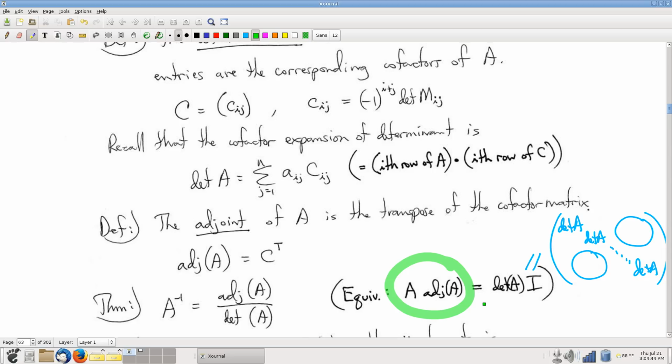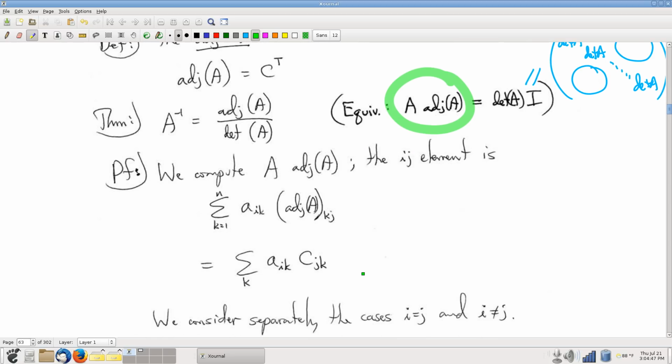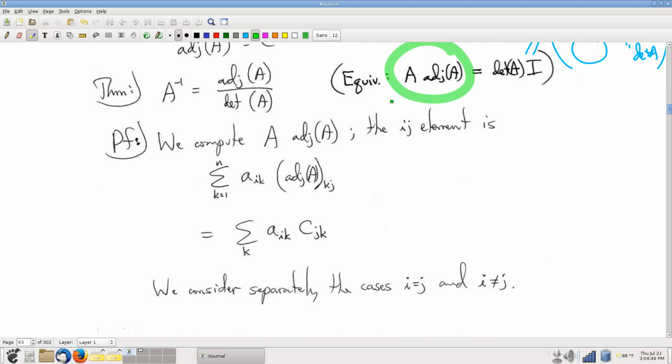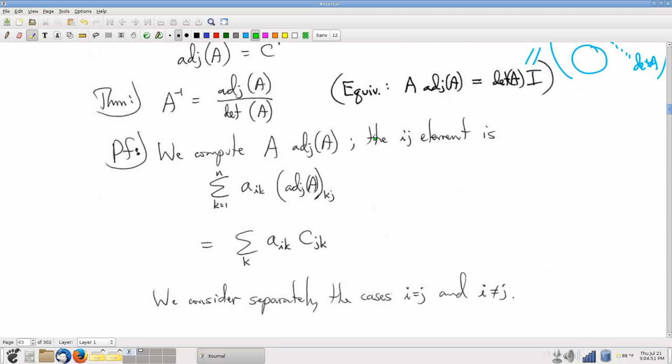Okay, so let's get started. Let's start multiplying these matrices. A times adjoint A. So you can see the ij element of this product is given by that formula, and that's just an old formula for matrix multiplication.